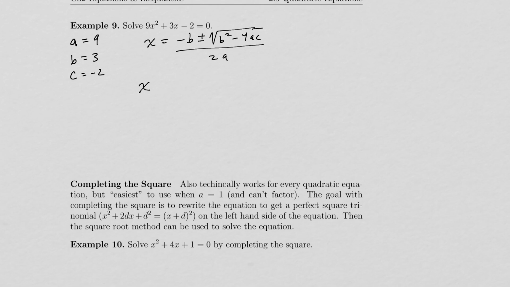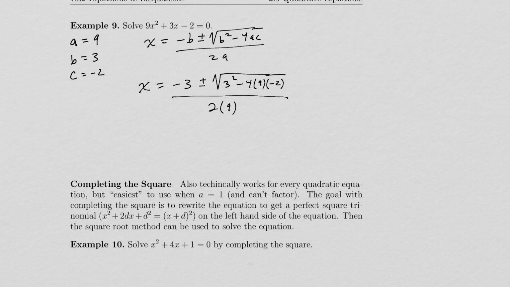So this is going to be x equals minus 3 plus or minus the square root of 3 squared minus 4 times 9 times negative 2, all over 2 times 9, right? 2a, and a is 9.